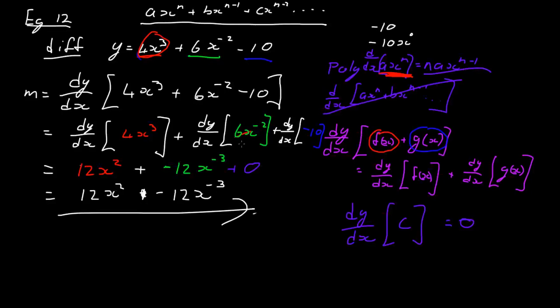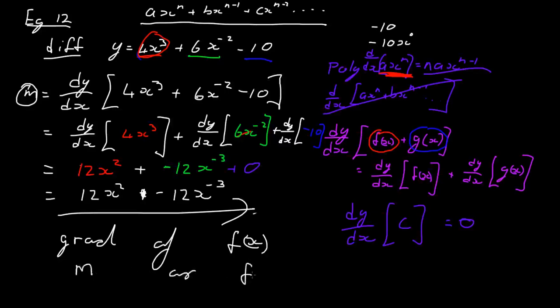One thing that I'd like to point out here is just a notation issue, a very simple notation issue. Here you see we wrote m equals dy by dx of that. M, gradient of f of x. So we can call that m, or we can say f prime of x, which means the derivative of f of x or the gradient of f of x.